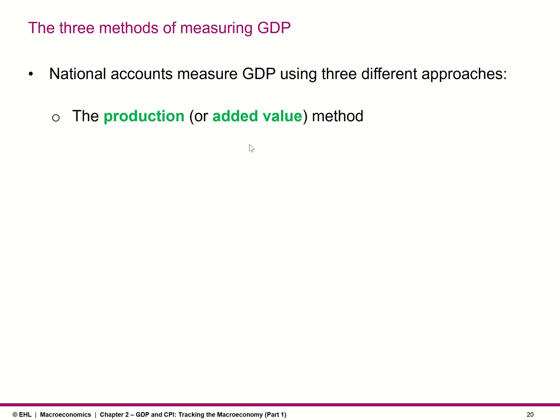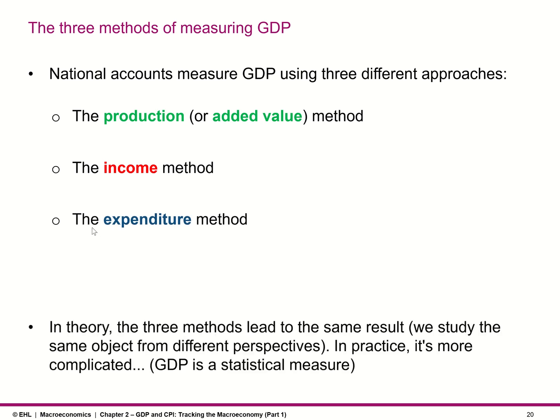This is equivalent. You will understand the difference very soon. Another method is the income method, which is actually very easy. It's just adding up all incomes paid to the factors in the economy, and the factors are labor and capital. And finally, the expenditure method.